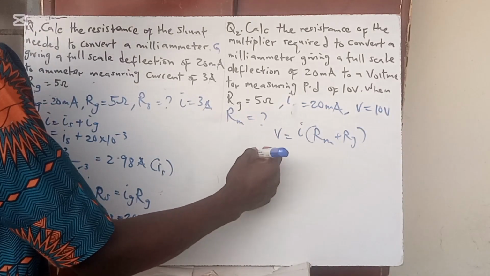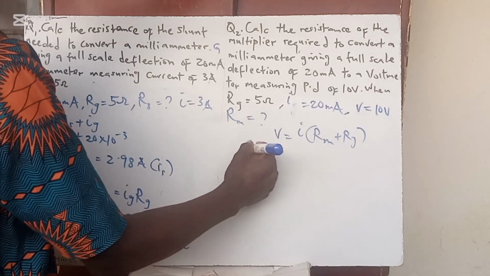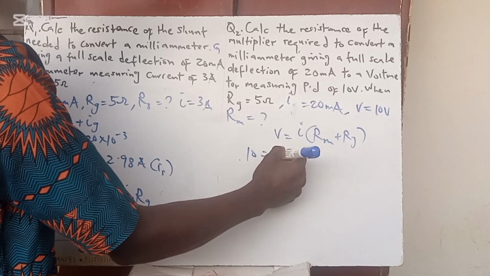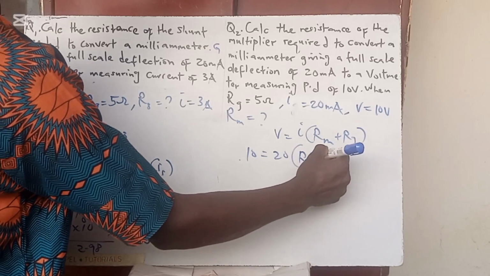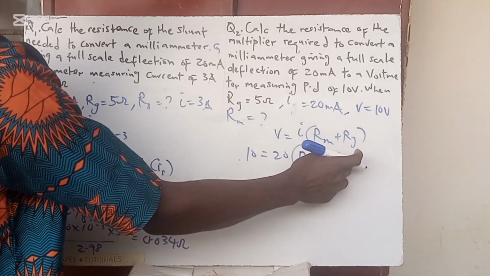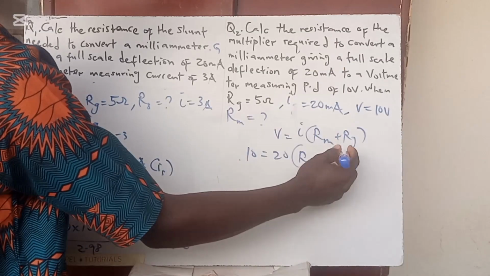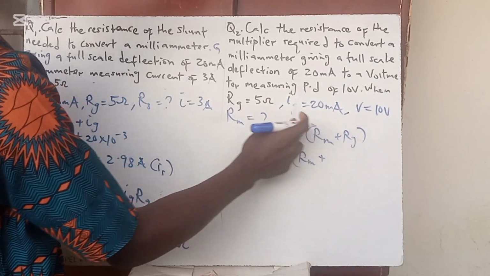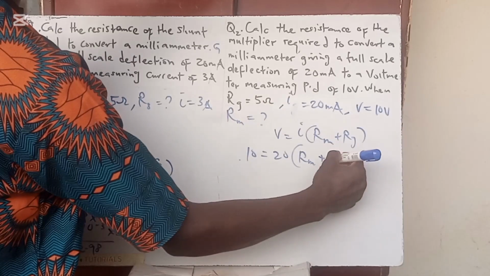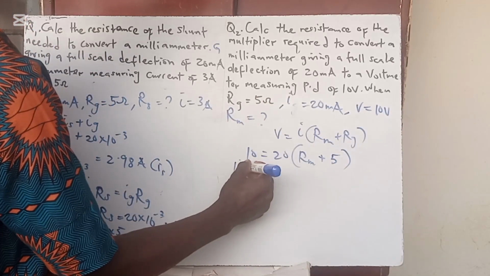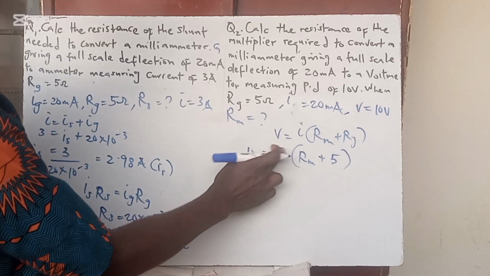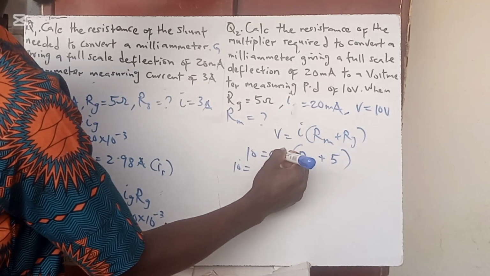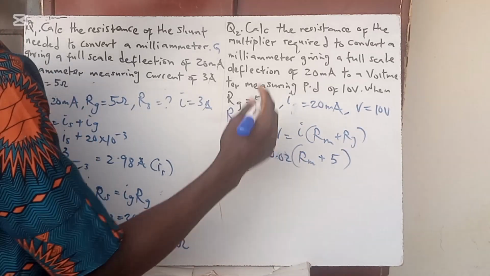So after that, you can continue solving. 10 equals the current, 20, into Rm plus, what's our Rg going to be? Our Rg is going to be 5, which is here. So you can open the bracket and say this is not 20, this is 0.02, because that is 20 times 10 raised to power minus 3.